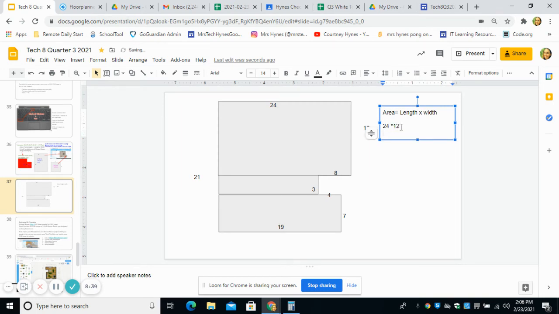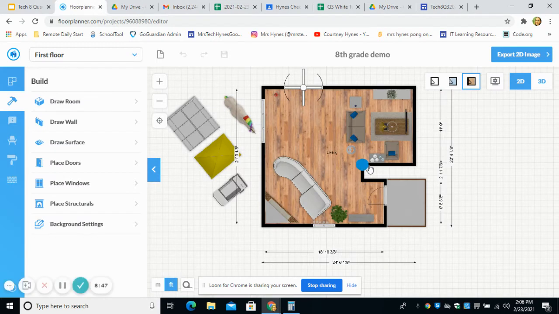And it's going to be this length times 3. What is this small length here? Well, I don't know, so I'm going to look at my drawing. This is 24 and this is 8, so this must be 16. Do you see how I did that? I subtracted this one to get this length here. This has to be 16.